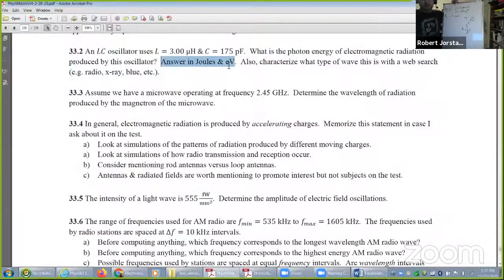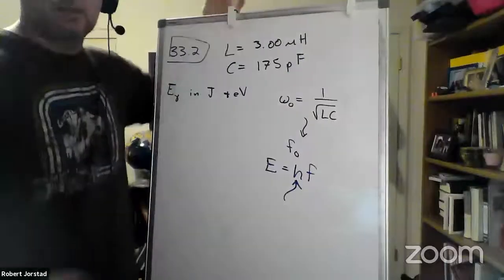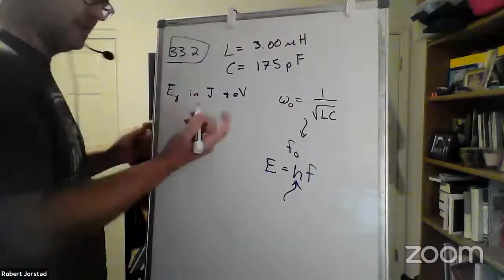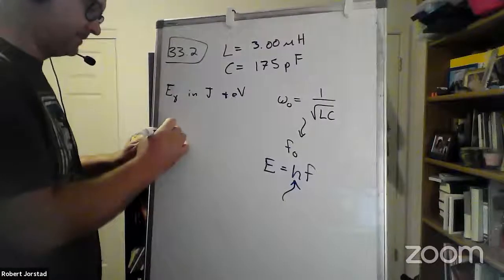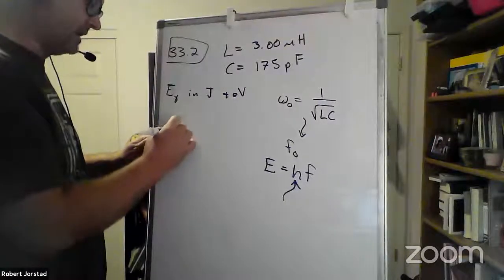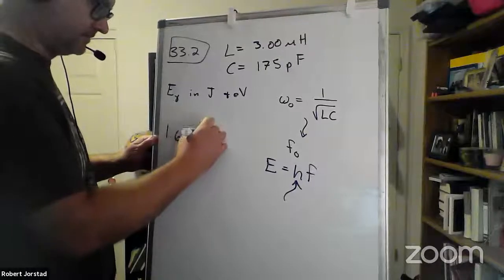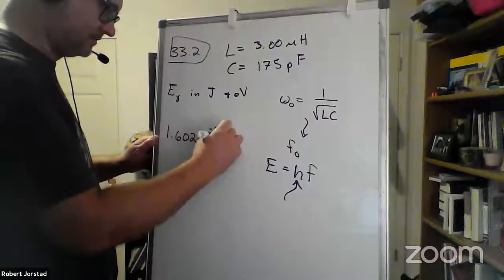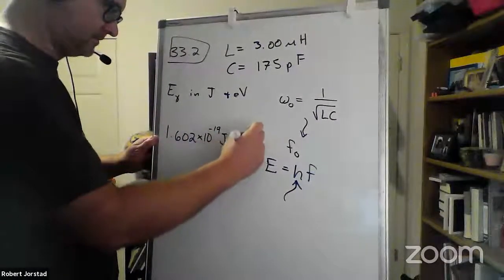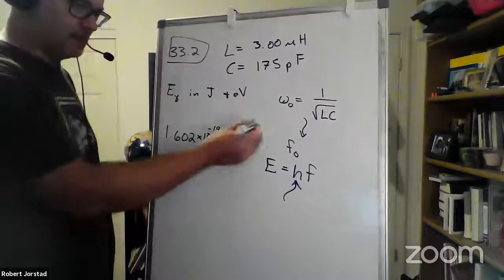And then what if you have to convert to eV? Well, I know that this is a good thing to remember. 1.6 times 10 to the negative 19 joules is 1 eV. Look at this conversion.